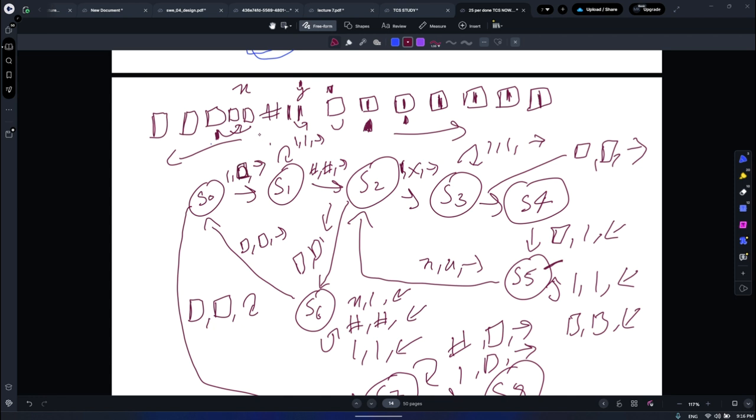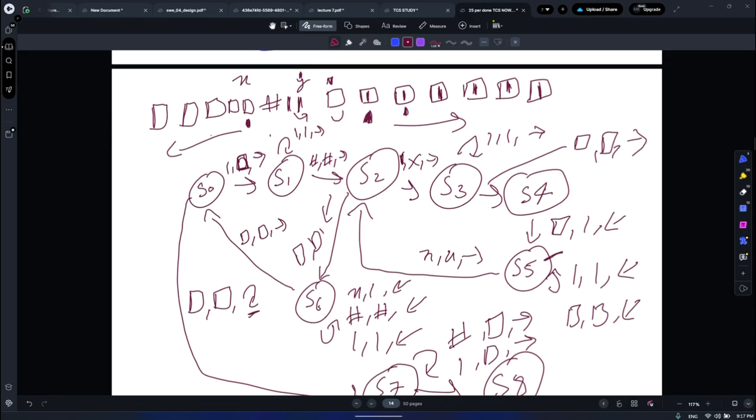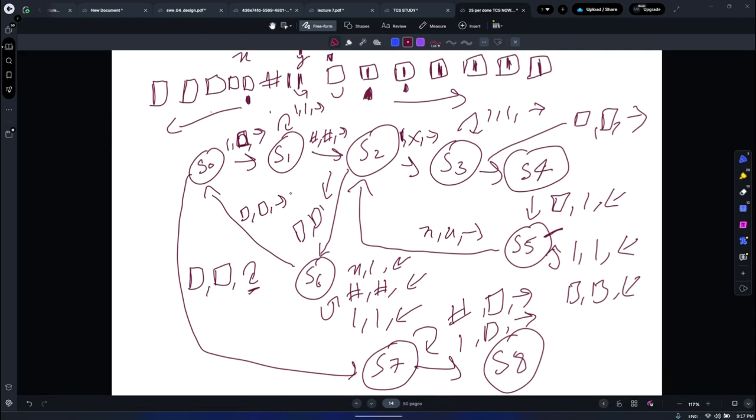And now if we have blank here, you read a blank, you stay on the blank. If you read a blank, you stay here. This is what it means. And then if you read a blank now, after coming here, you're supposed to read a blank. And the moment you read a blank, you go here.